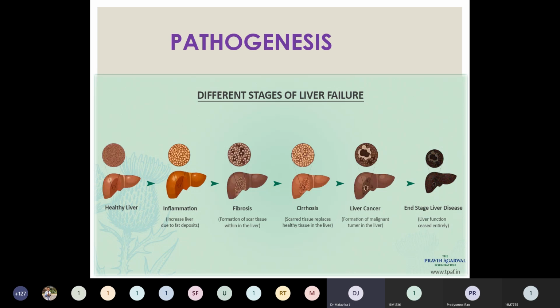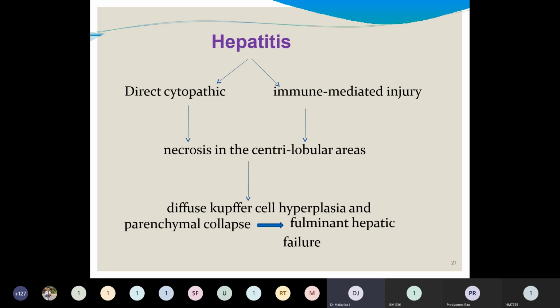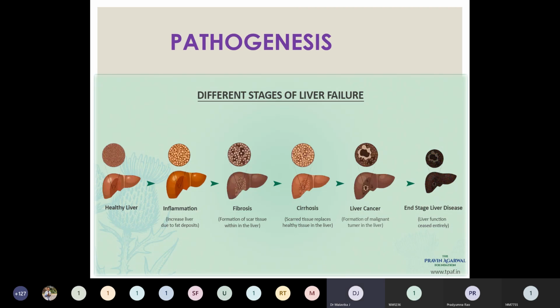The next stage is fibrosis, the formation of scar tissue within the liver, and the scarring can be seen here. The next stage is cirrhosis, where scar tissue replaces the healthy tissue in the liver. Next is the formation of liver cancer, where malignant cells can be seen protruding, and the final stage is end-stage liver disease, where the liver function entirely ceases.